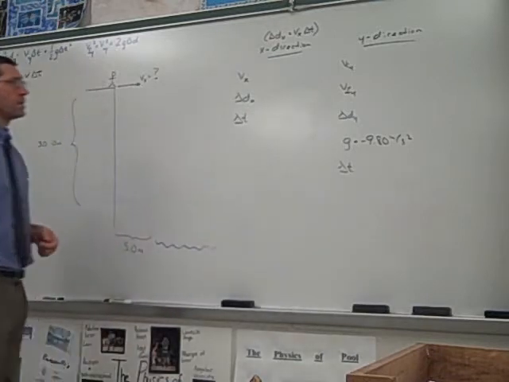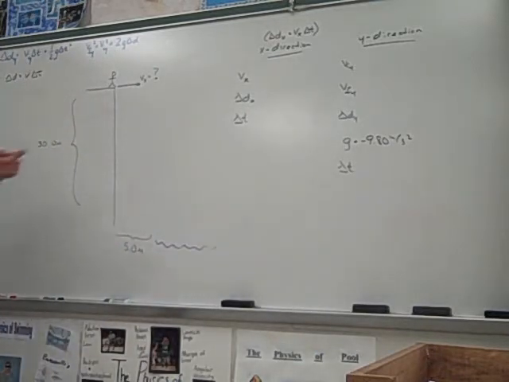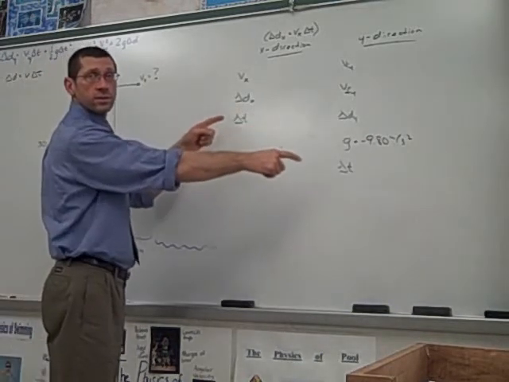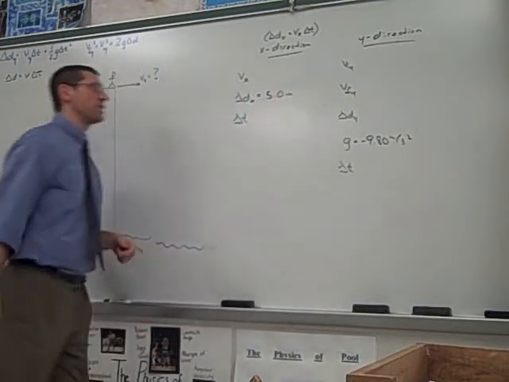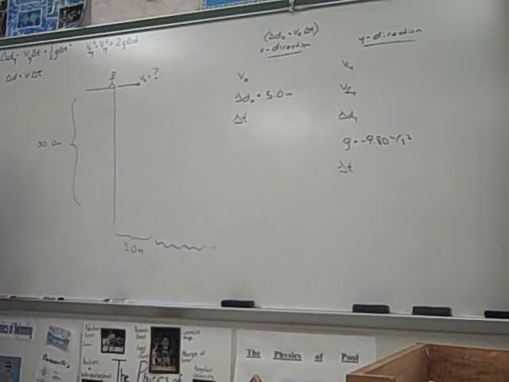Okay. Now, in our problem, what are some of the variables that are given in the description of the problem? Alex? The 5 meters for distance. Which distance? For distance x. X, right. So we know 5 meters is the distance we want to see him go in the x direction. What else was given? Alex?